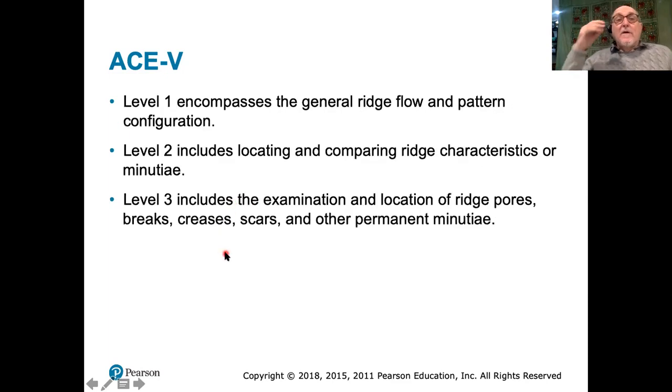Okay, so I said there were 3 levels of identification. The first level is looking at the overall pattern, whether it's loops, whorls, arches, etc. This is because we're going to use these as class characteristics to put our fingerprints into smaller groupings to make it easier to find reference prints to compare them to.